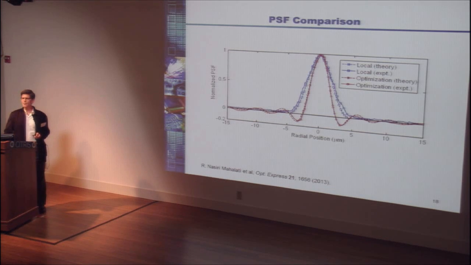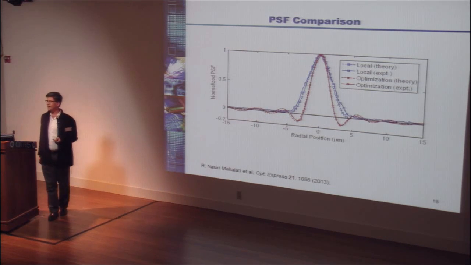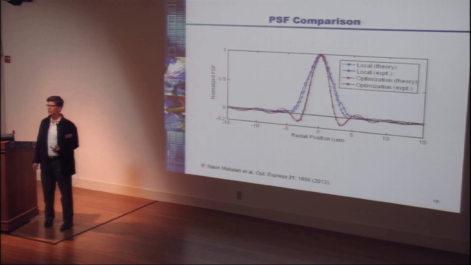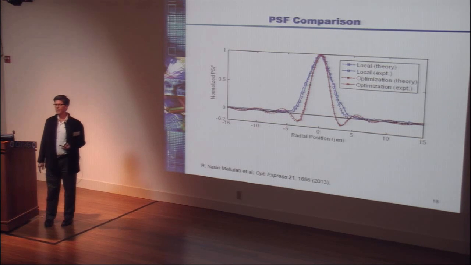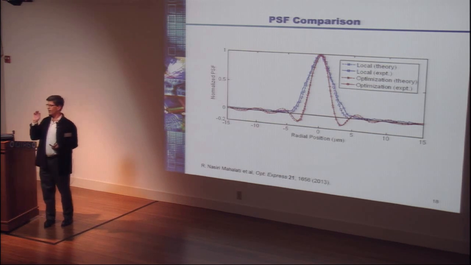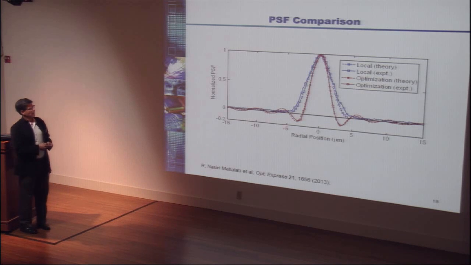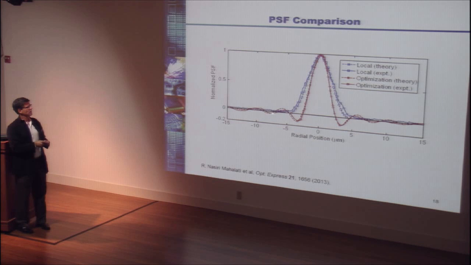The last thing I'm going to show you is the point spread function. We're able to derive the point spread function theoretically, and we found out something very elegant: for a graded index fiber, if you form a spot of light, the point spread function is this incoherent Airy disk, the blue curve.